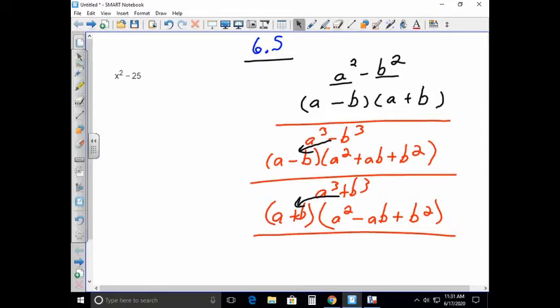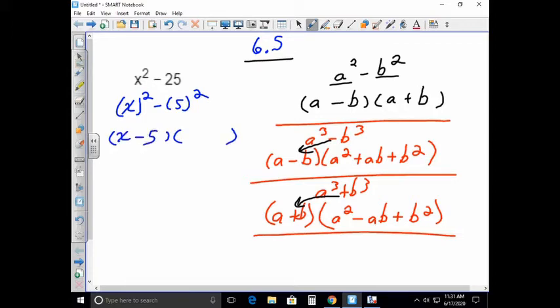So the one we have here, this example is a difference of squares. The first term is x that's being squared. The second term is 5 that's being squared. So it's a difference of two squares. So the way we factor that is we're going to have two parentheses. Whatever is being squared minus the other thing that's being squared.